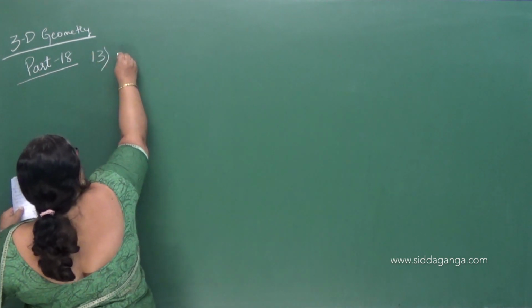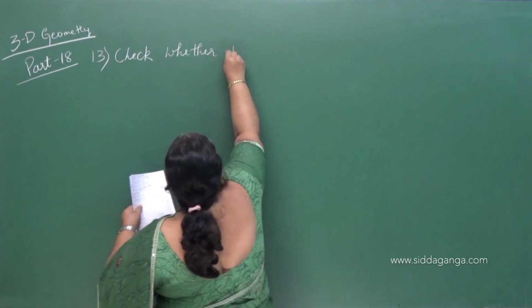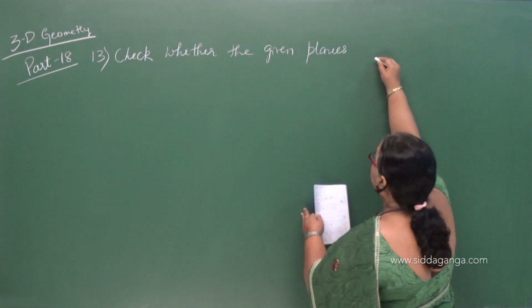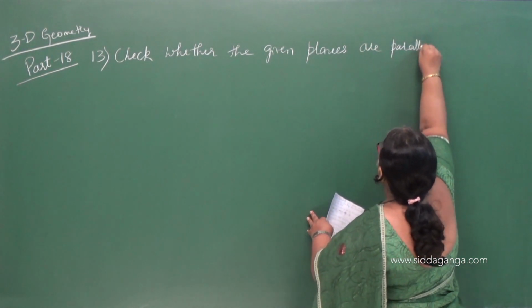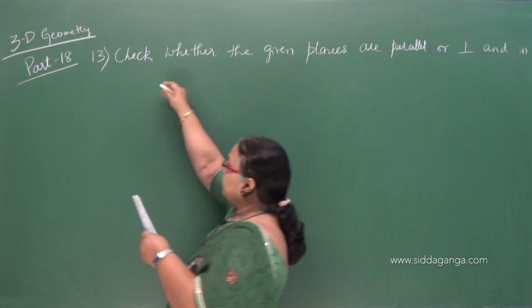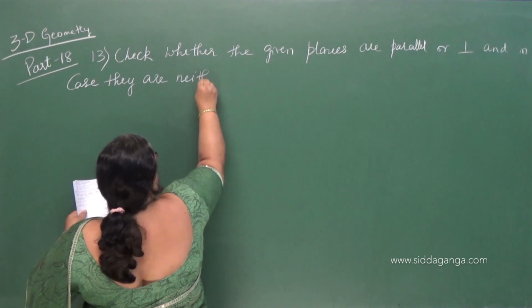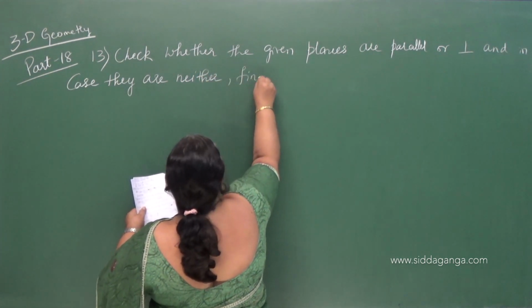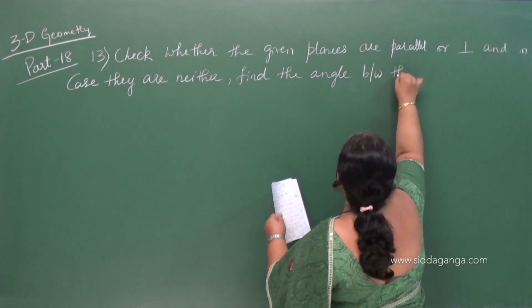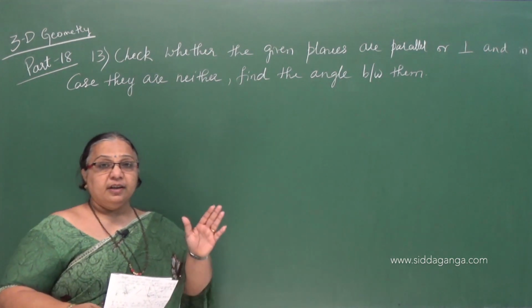We have to check whether the given planes are parallel or perpendicular, and in case they are neither, find the angle between them.